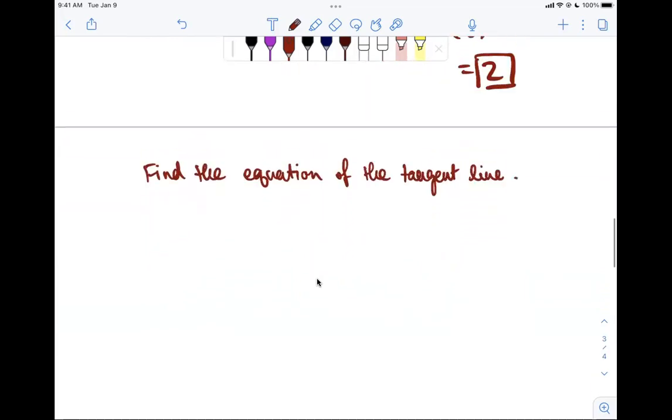Okay, so we actually know the slope of this line is 2 because we just found the derivative.